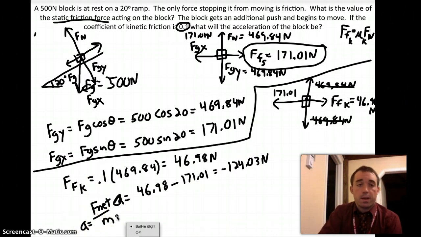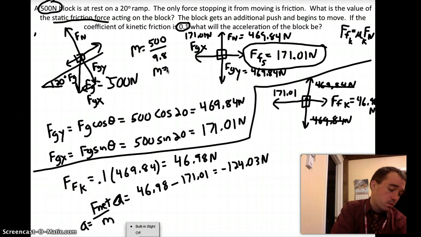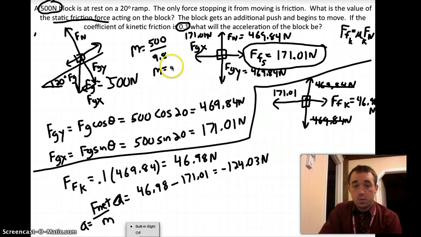We don't quite know what our M is. Well, we kind of do. It's 500, which is our weight, over 9.8. So our M equals 500 over 9.8, 51.02 kilograms.